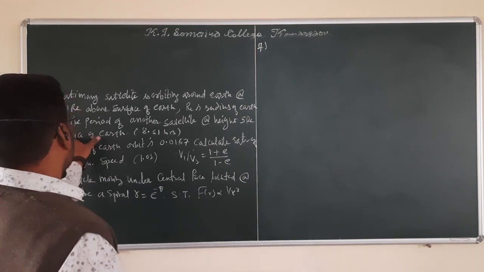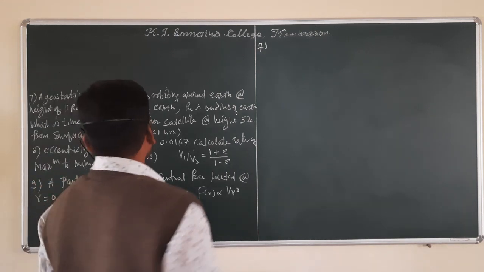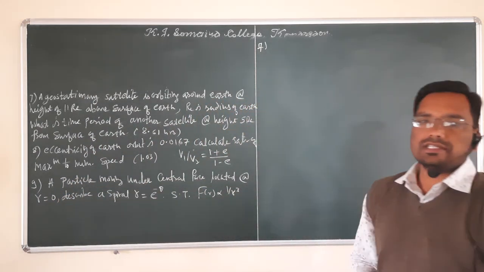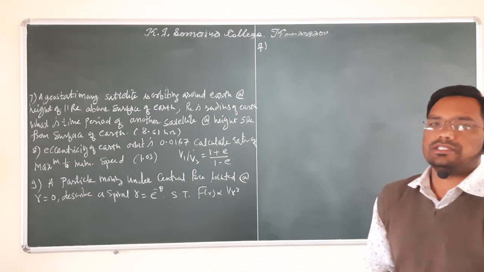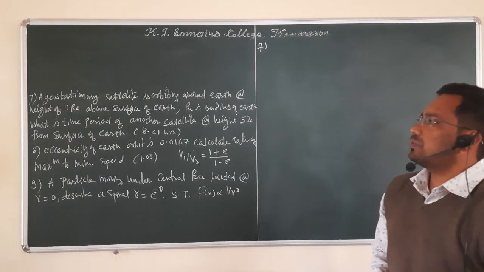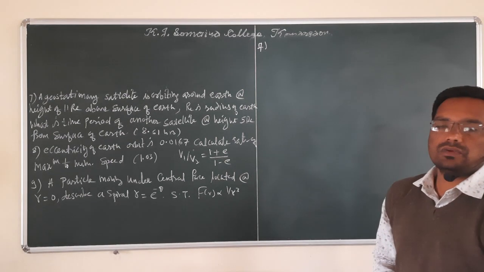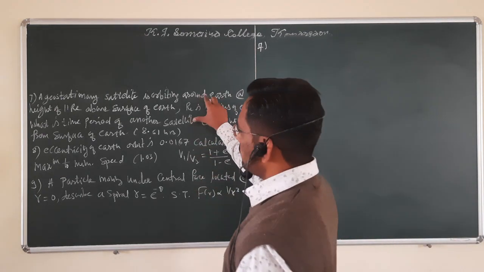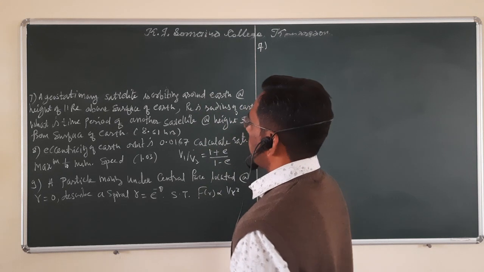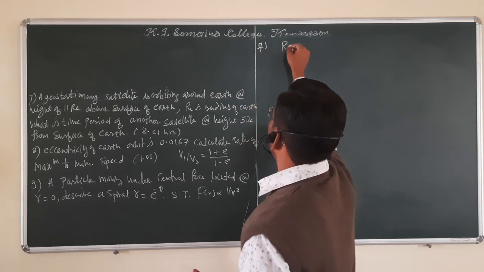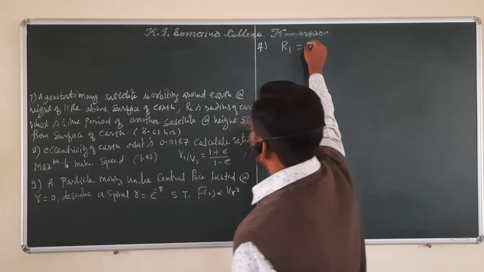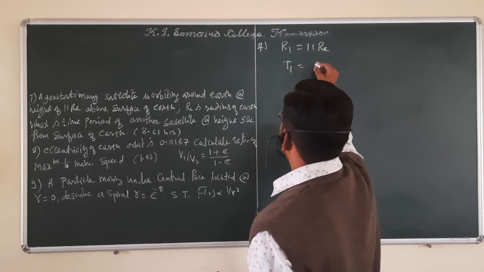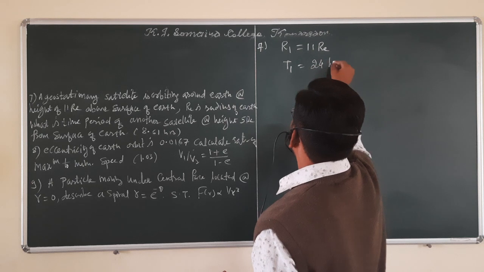First of all, this is a geostationary satellite. So we know that from the definition of a geostationary satellite, the period of revolution of that satellite is 24 hours. From the given problem, we call the distance r1, which is 11 R_E, and we call the time T1, which is 24 hours.